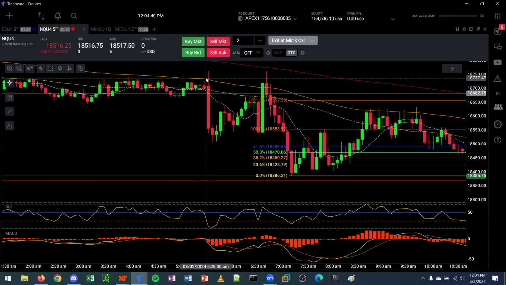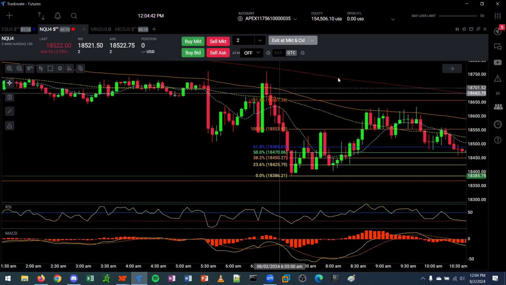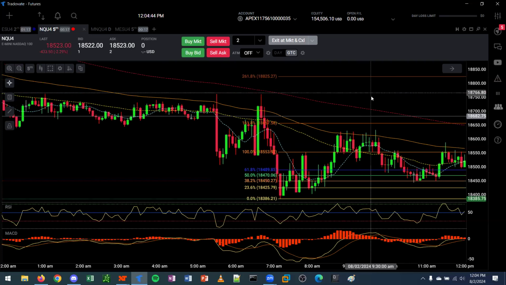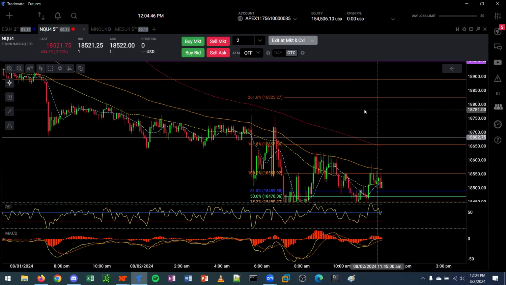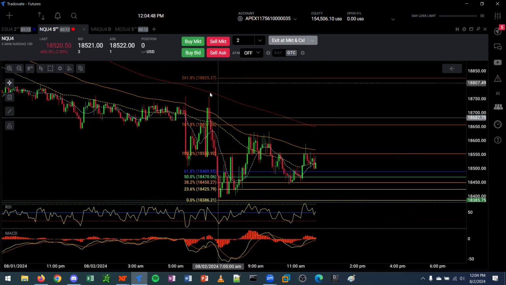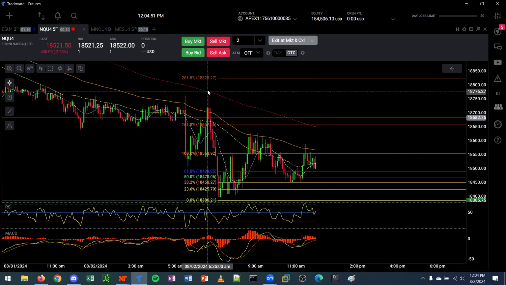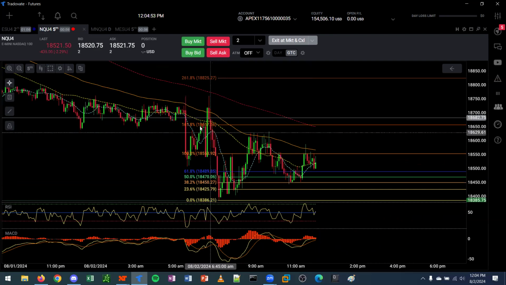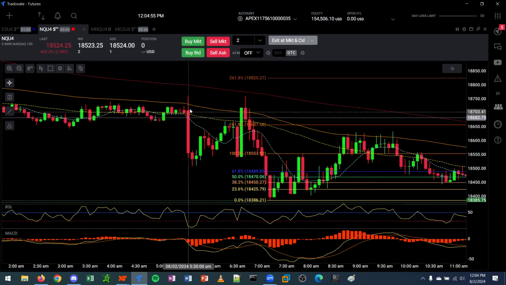We tagged the 100. But as you can see, the moving averages stack up nicely on top of each other, right? And once it breaks above it, hard, right here, you're looking for it to retest, to go down.